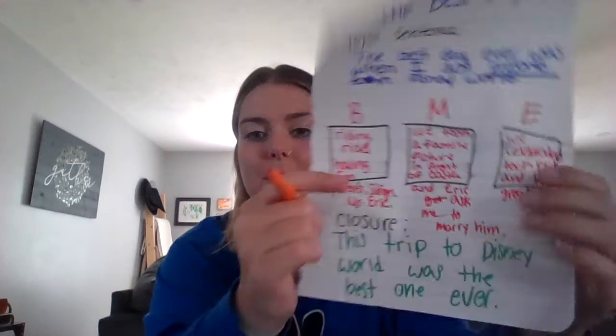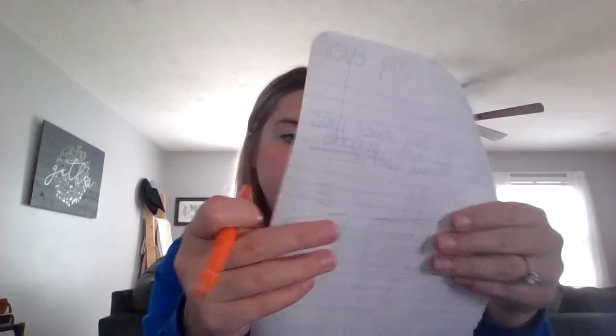Okay. So now I'm going to look at my beginning box. So Miss Massey just wrote like little details, but now I have to take those little details and turn it into a nice sentence. So it talks about how we were riding rides and we're having fun, and it also talks about who was there.